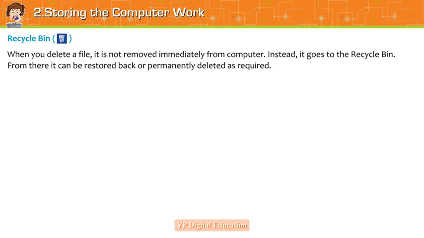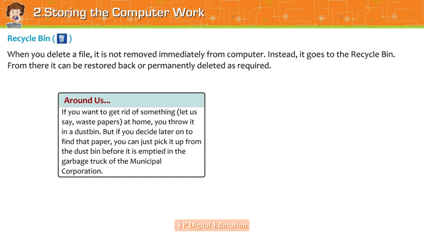Recycle bin. When you delete a file, it is not removed immediately from the computer. Instead, it goes to the recycle bin. From there, it can be restored back or permanently deleted as required. Around us. If you want to get rid of something, let us say waste papers, at home, you throw it in a dustbin.